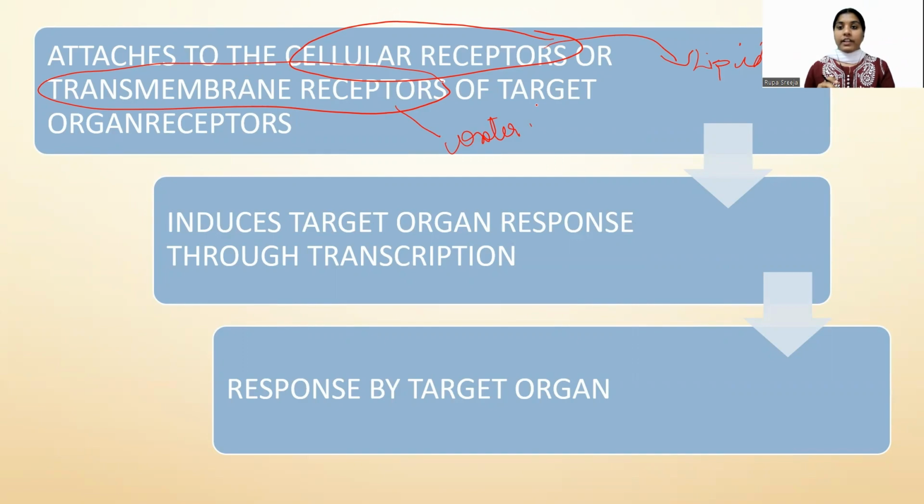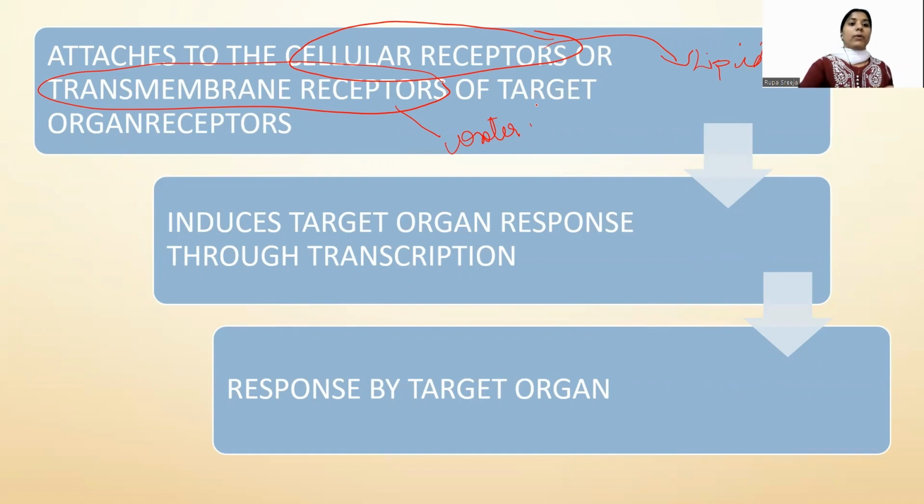The lipid soluble hormones directly enter the lipid bilayer membrane of the cell and enter the nucleus. They get involved in transcription, translation, and release of proteins. That's the way the target organ response is shown.